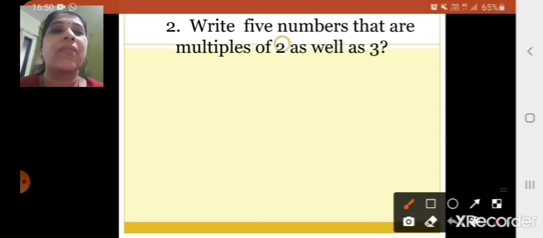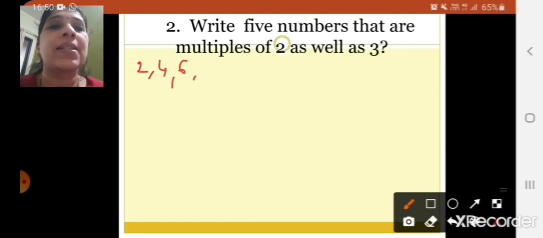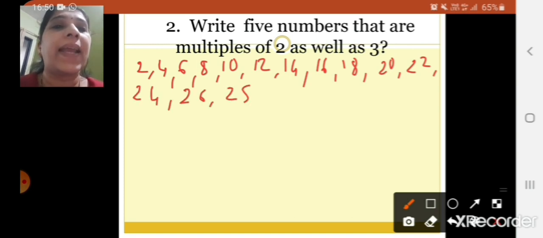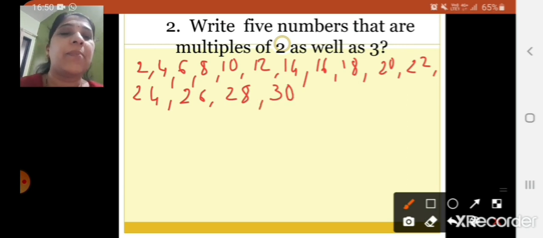So let's start with the table of 2. 2 ones are 2, then 4, 6, 8, 10, 12, 14, 16, 18, 20, 22, 24, 26, 28 and 30, right? So I have written these many numbers.